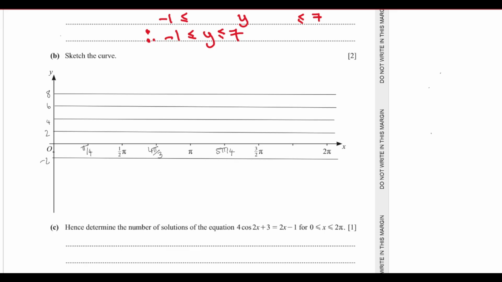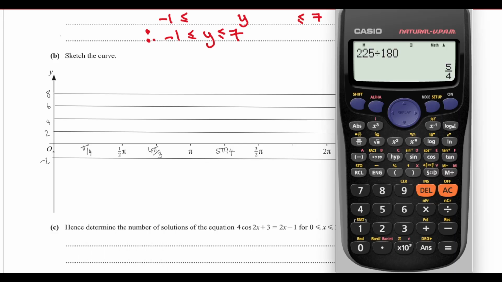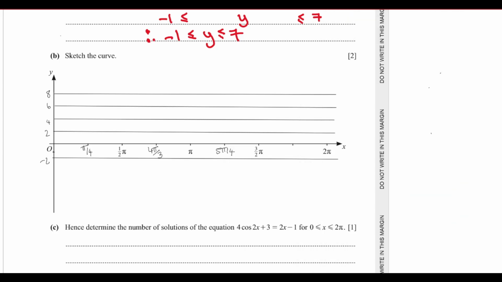And that is 315 degrees. Let me see. So that's 7 pi over 4. Okay. All right.